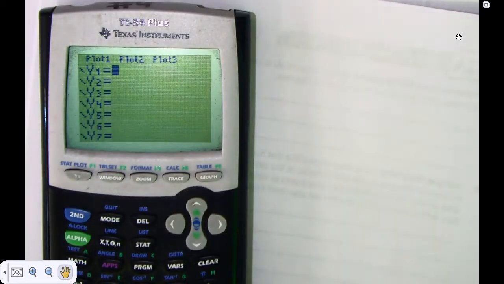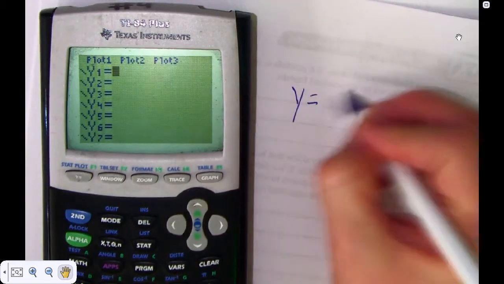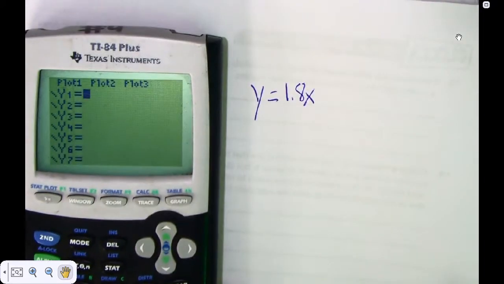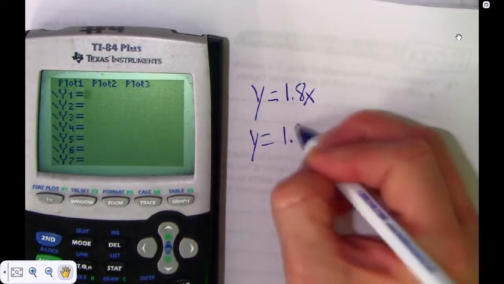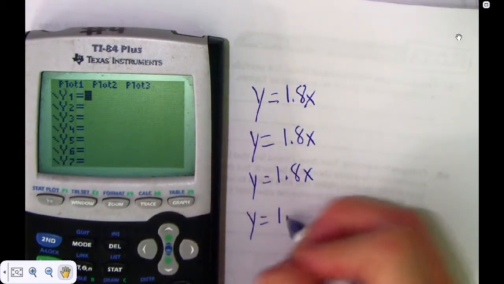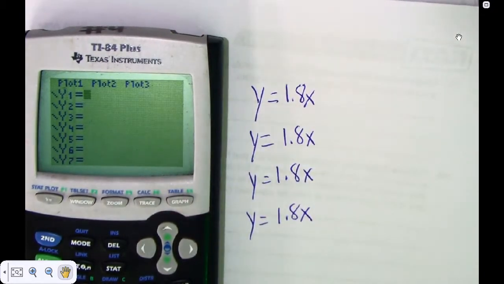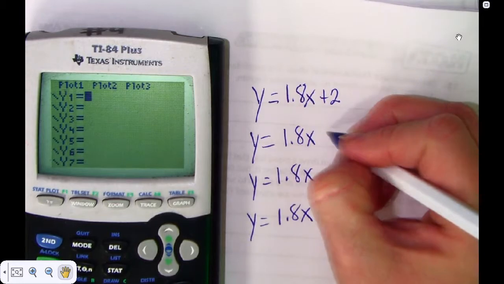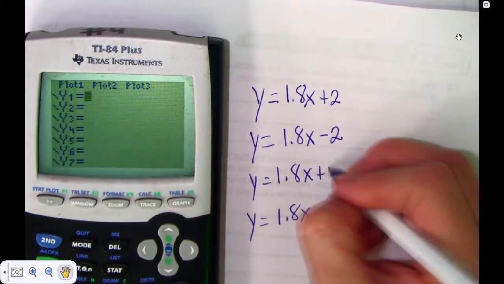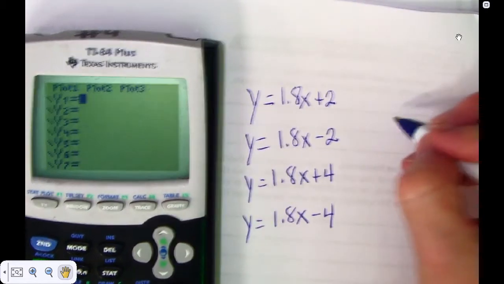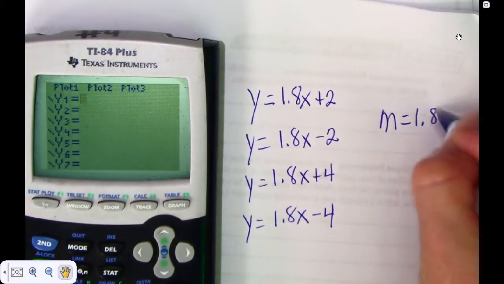Okay. So everybody should have that flashing right there. So what we're going to do, not yet, we're going to type in all these equations. Hang on. Don't do anything yet. We're going to type in these equations where the slope is 1.8.